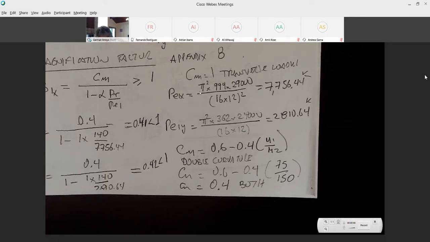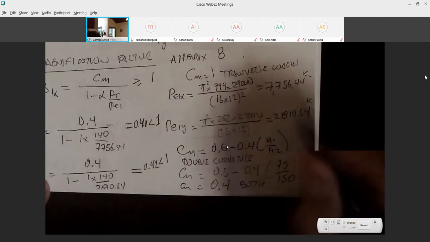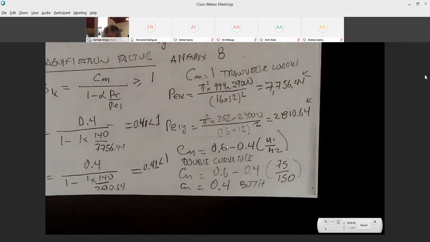Pi squared is the same, 29,000 the same. This is I sub x. This is KLx. It came 7,000 for the y-axis. Pi squared, 29,000. This is I sub y. And here there's a square missing. So this value, 28, 10, 64.